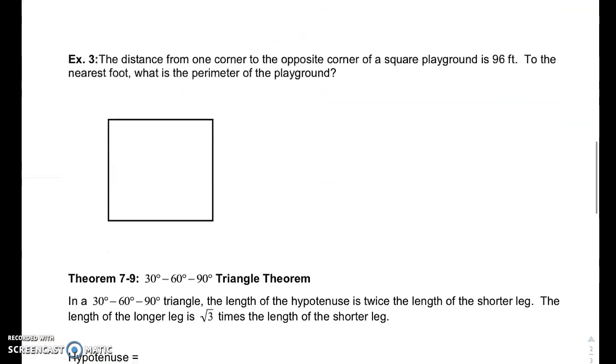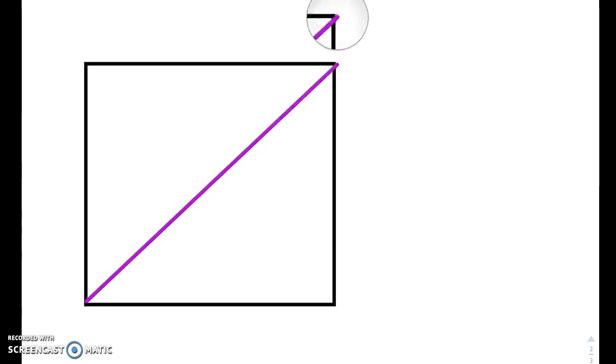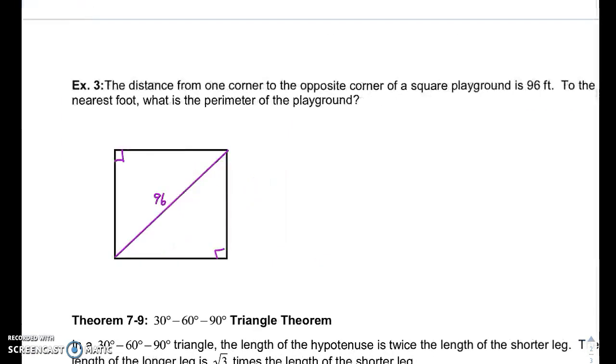Alright, the distance from one corner to the opposite corner of a square playground is 96 feet. It's a square playground, so I've just made two right triangles in here.